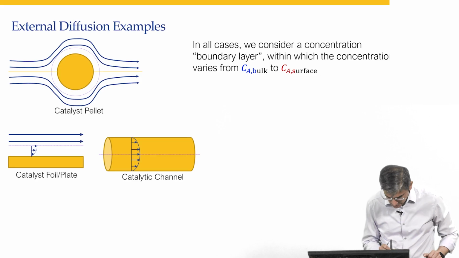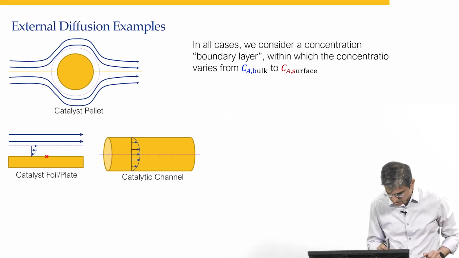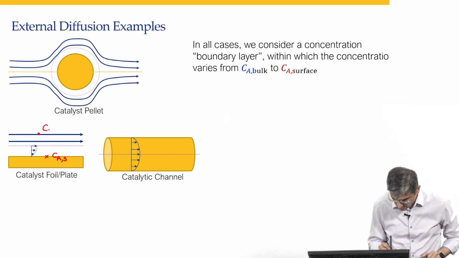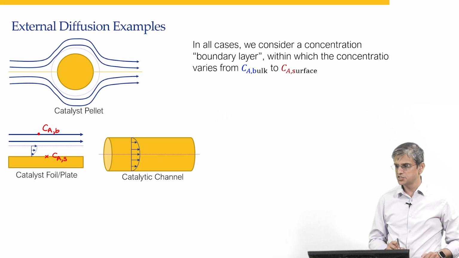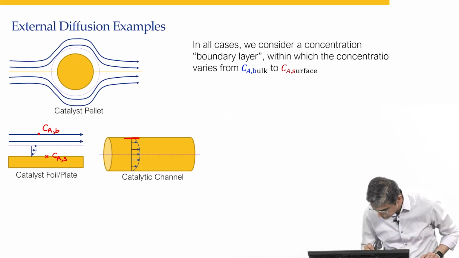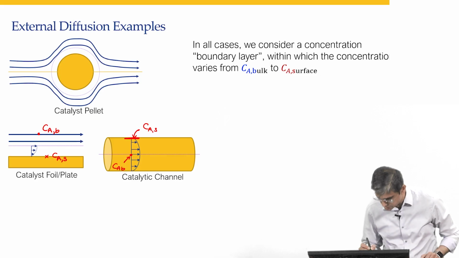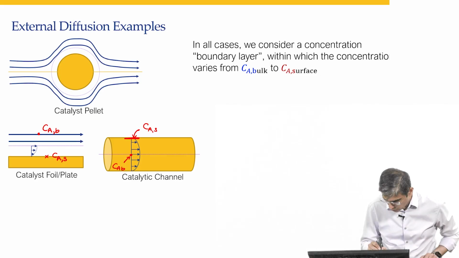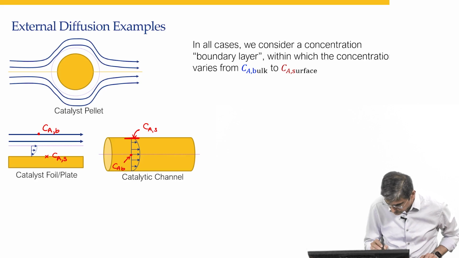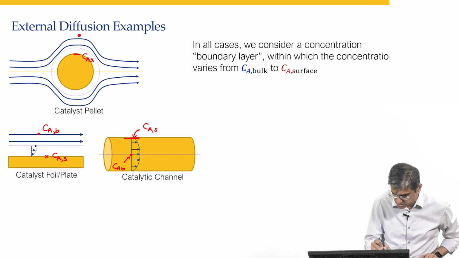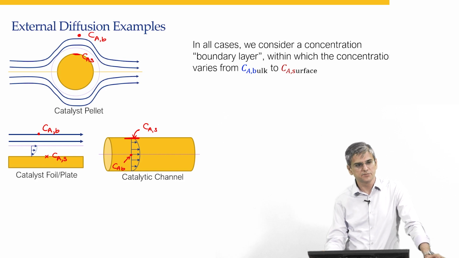On the surface where the reaction takes place, the concentration is CAS; far away from the surface, in the bulk, the concentration is CAB.